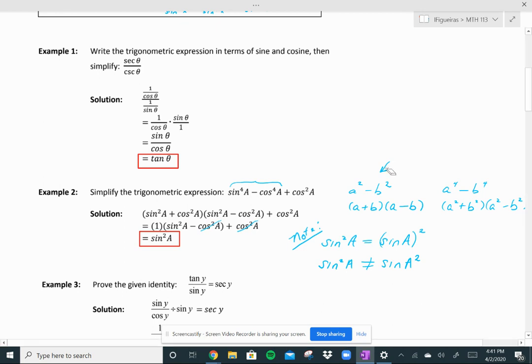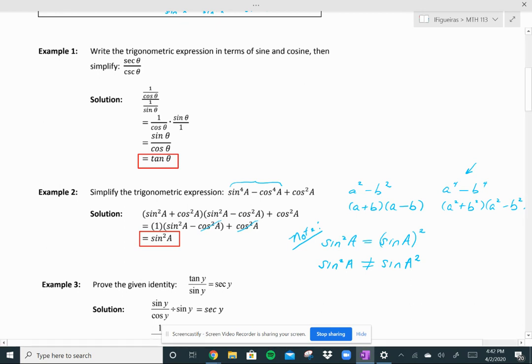Okay, but we have something raised to the fourth power. So what you see here is the formula for the difference of perfect squares, where your perfect squares are raised to the fourth power. So here I have a squared plus b squared times a squared minus b squared.